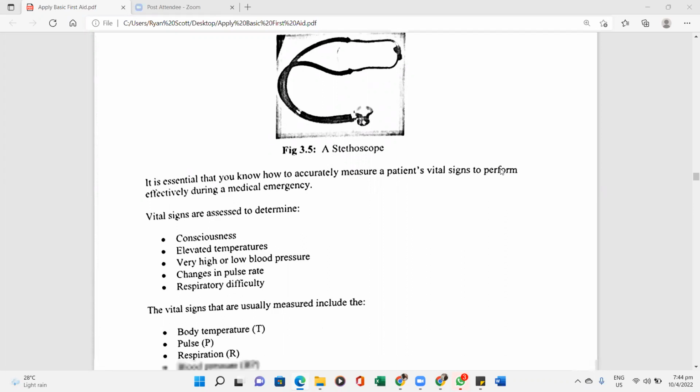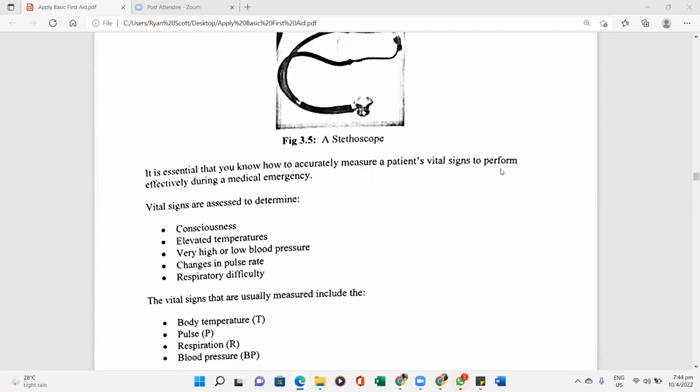So it says it's essential that you know how to accurately measure a patient's vital signs to perform effectively during a medical emergency. Vital signs are assessed to determine consciousness, elevated temperature, very high or low blood pressure, changes in pulse rate, respiratory difficulty.